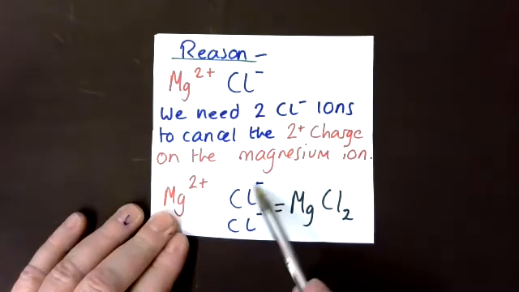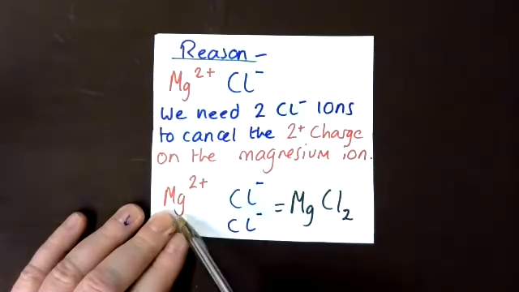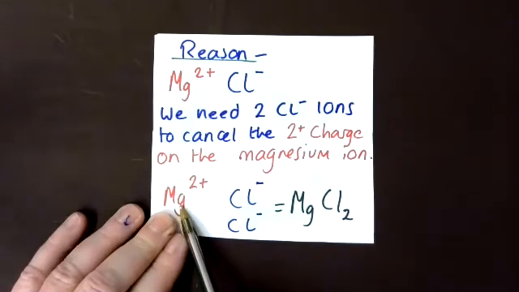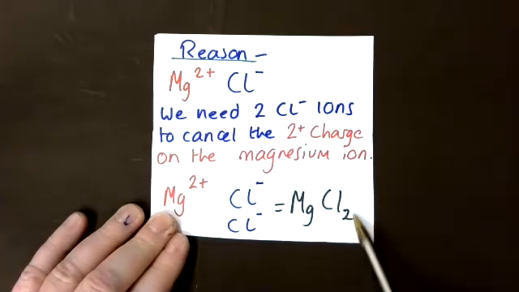One chloride ion only has a -1 charge. So we need 2 of these so that we end up with 2 minus charges to cancel out the 2 plus charge here. So we've got 1 lot of magnesium, but 2 lots of chloride ions, each with their -1 charge to cancel the 2 plus charge. And this ends up being the formula.